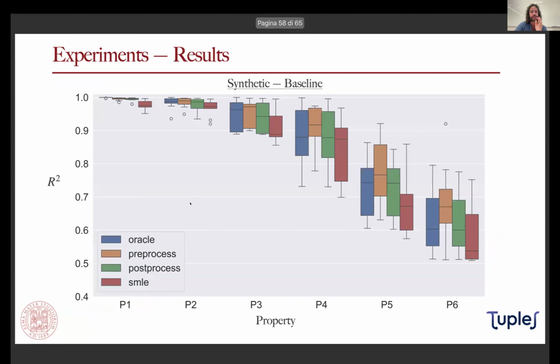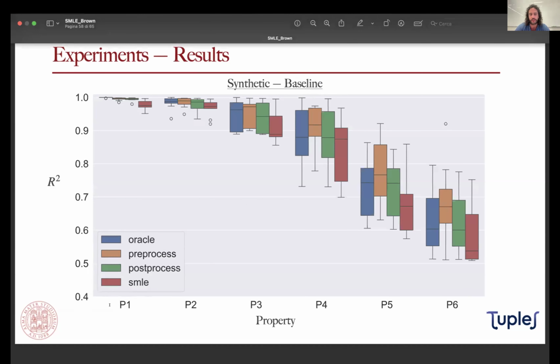Okay, the baseline. Here we have the comparison of SMLE, our model, against the baseline on the synthetic benchmark, okay? What I am doing is aggregating the results of our models on different properties.